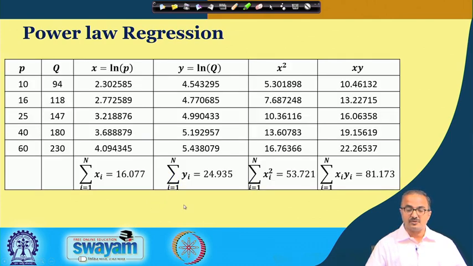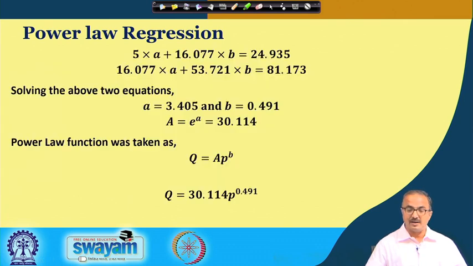So, here we have the solution: we first write P and Q from the given data, then we find the log P value over here and the log Q value over here, and this is x, this is y. We find the x square value and the xy value, and these are the summations needed to find the values of a and b. Here we have these two equations in terms of a and b, and we get the value of a and b.